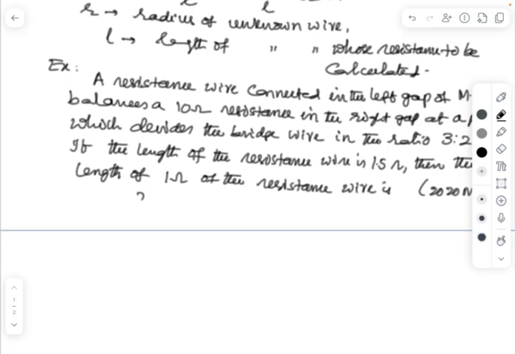X by Y equals L by 100 minus L, which divides the bridge wire in the ratio 3:2. X by Y equals 10 ohm, this equals 3 by 2, 2 ones, 2 fives.